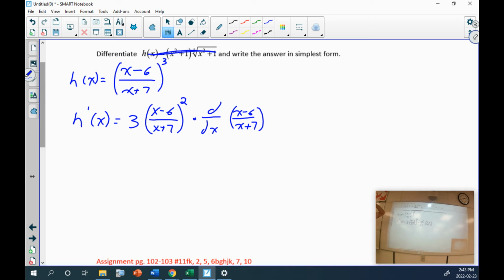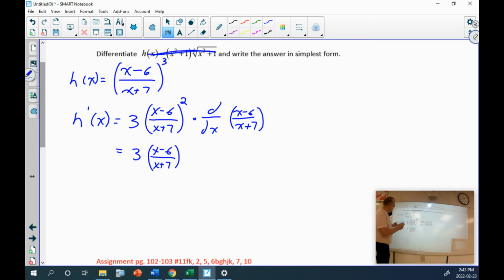Okay, you see how I'm working through that? This guy stays the same. This one has to do the quotient rule for it. So we have, what's that? Yours still squared?